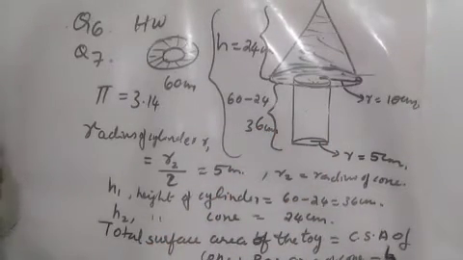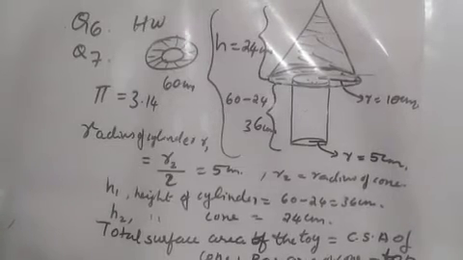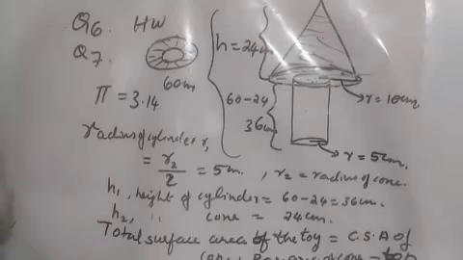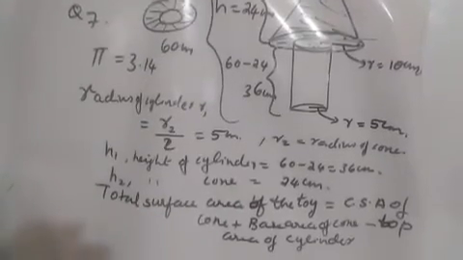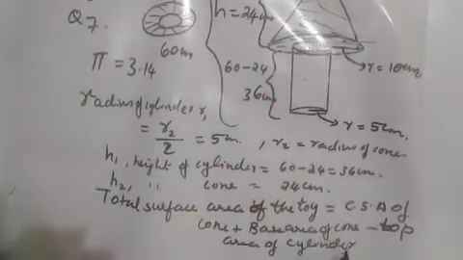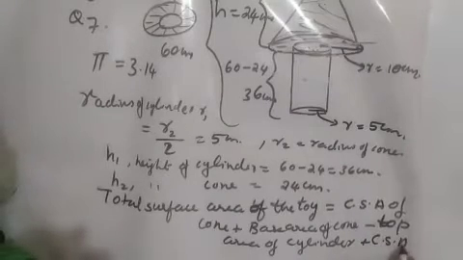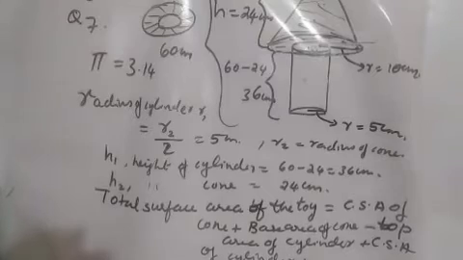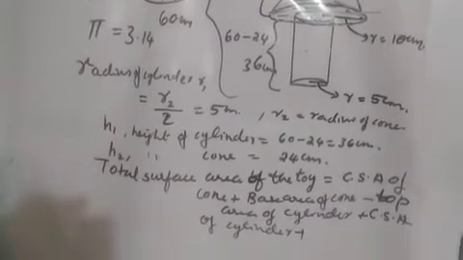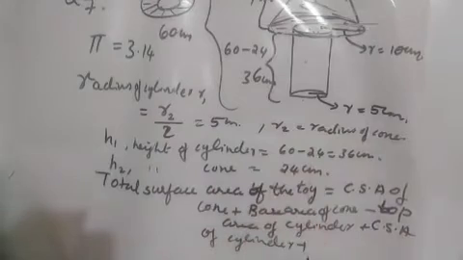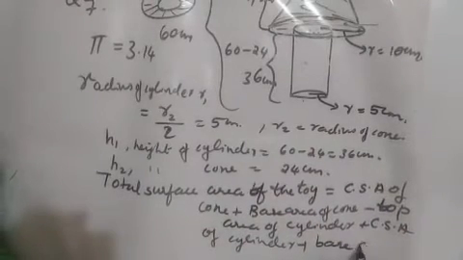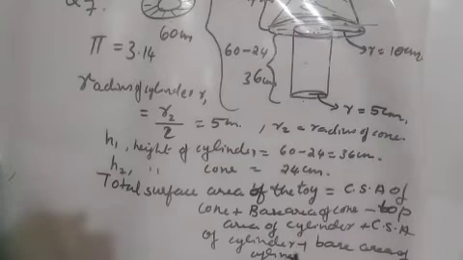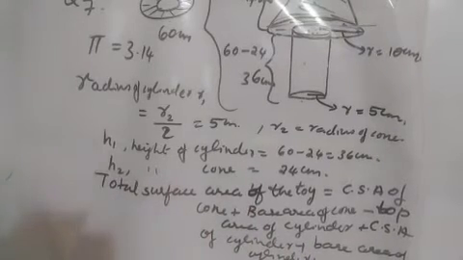Base top area of cylinder. Then we want to add the curved surface area of cylinder, CSA of cylinder, plus we want to add the base of the cylinder also, no? This is the base of the cylinder. Base area of cylinder. We know all the equations, just apply that.